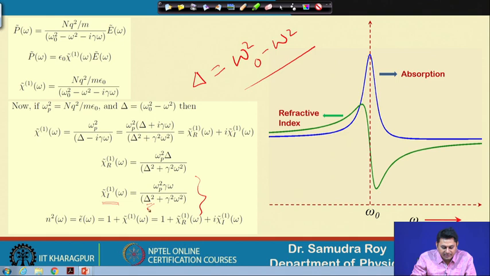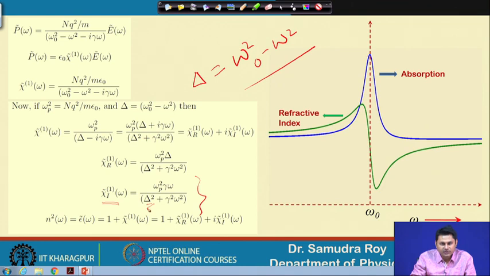This peak value suggests that at this point the entire energy is going to be absorbed, because we are launching an electric field with a frequency exactly the same as the resonance frequency of the system.